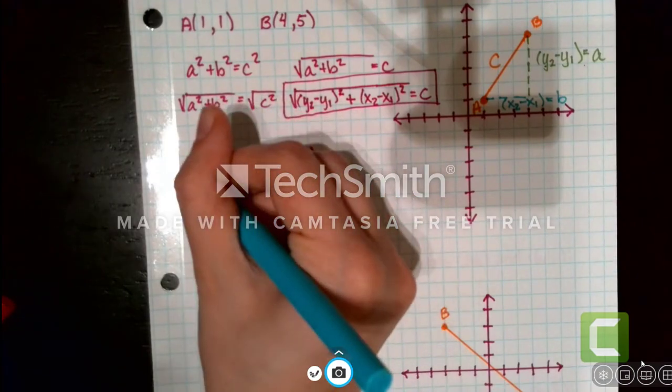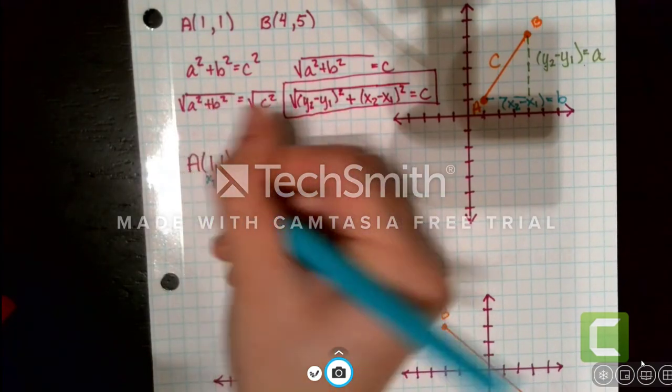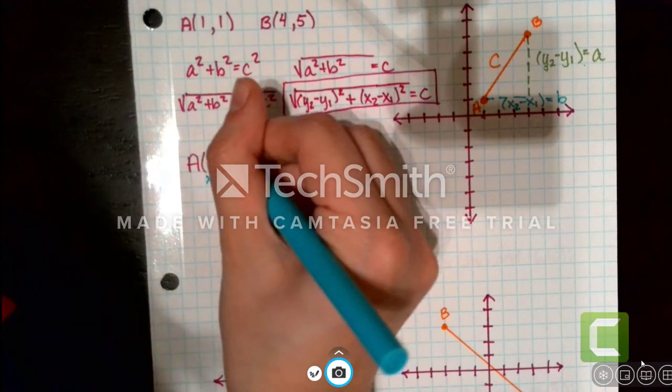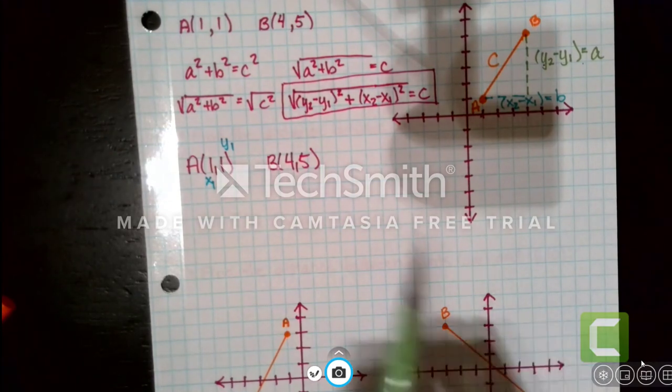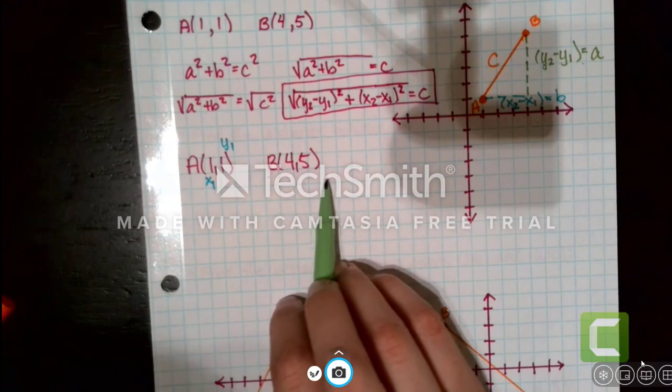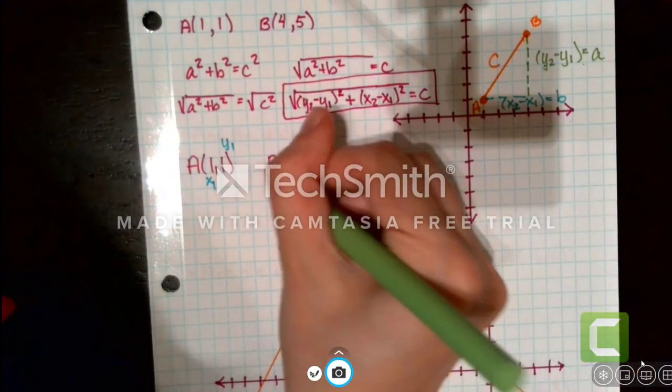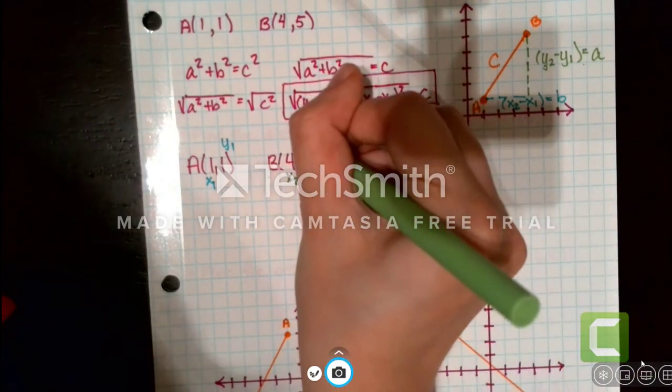So x1 would go to 1, and 1 would be our y1. That goes to your point A. It's our first listed point, so it's going to be our x1 and y1. Since we declared B to be our second point, we will say 4 is x2 and 5 is y2.